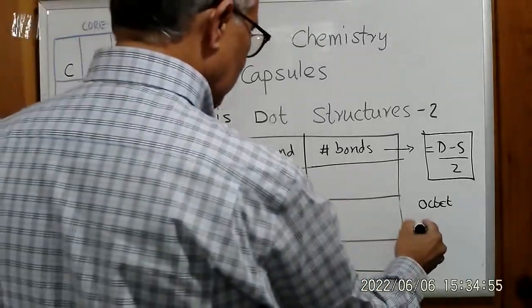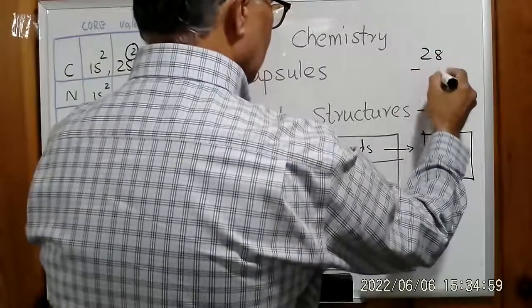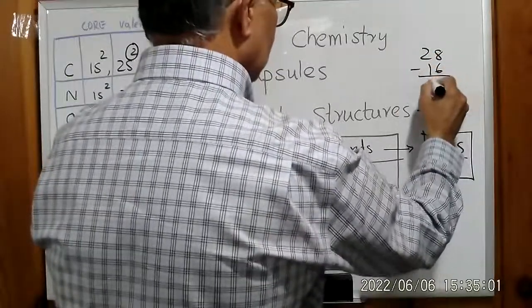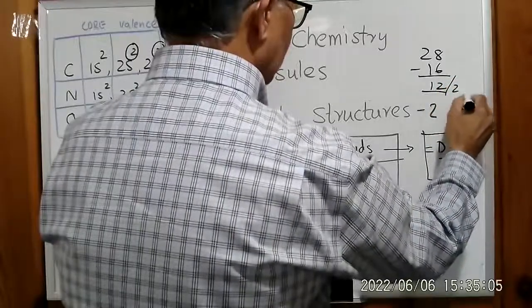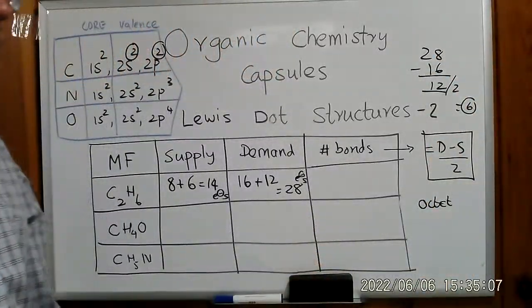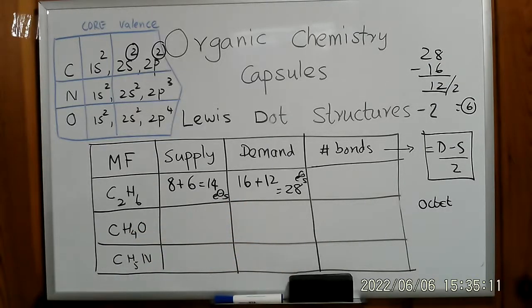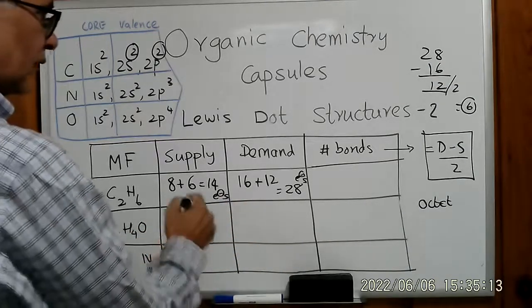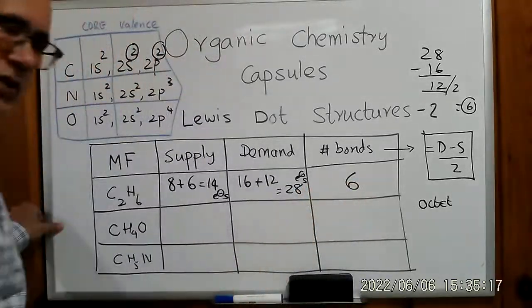Demand is 28 for C2H6, supply is 16, and dividing by 2, you get 6 bonds. We'll draw the structures shortly for C2H6, but let's keep that there, 6 bonds.